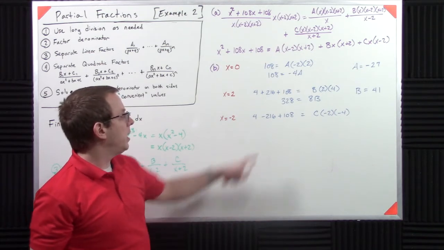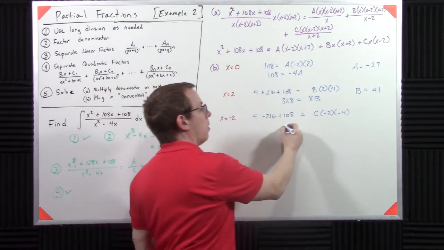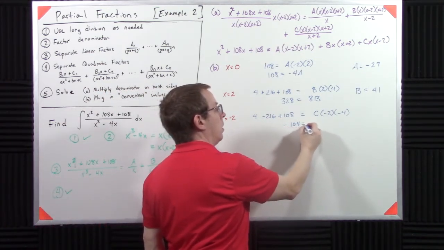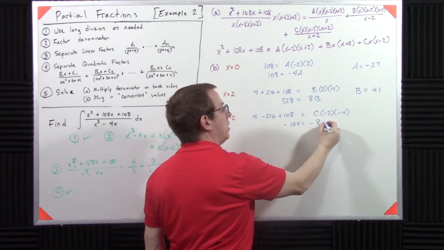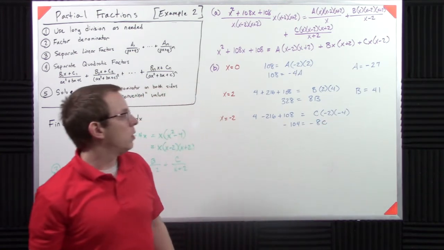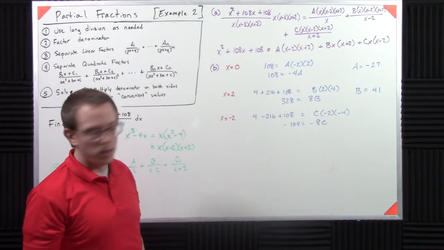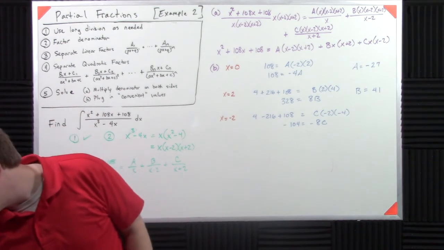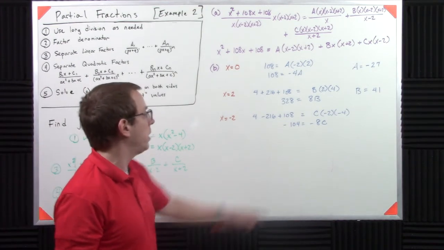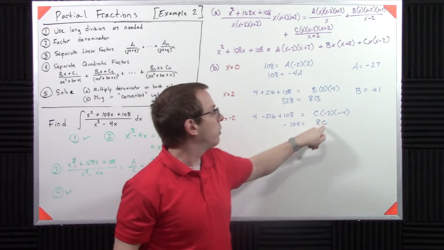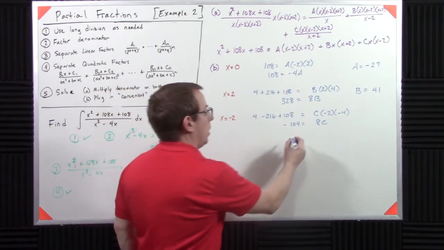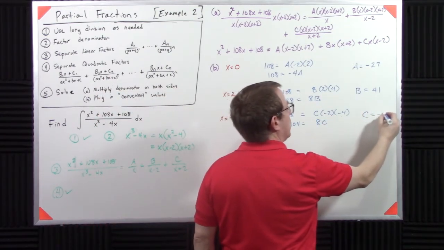So I get 96 equals 8C. Negative 2 times negative 4 is positive 8, so that tells me C is 12.